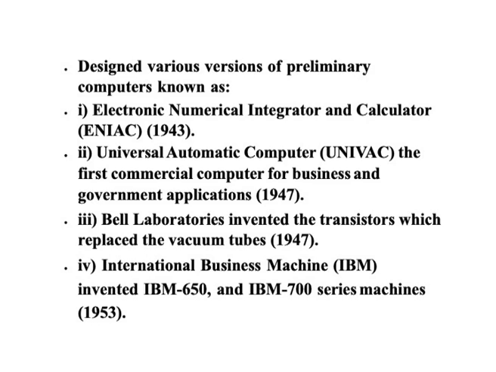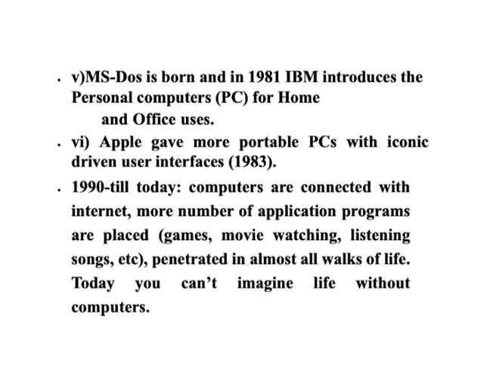Then Bell Laboratories invented the transistors, which replaced the vacuum tubes. Then came International Business Machines, that is IBM. They started inventing the IBM 700 series and IBM 650 series. Then MS-DOS was born in 1981, which introduced Microsoft Office, etc.